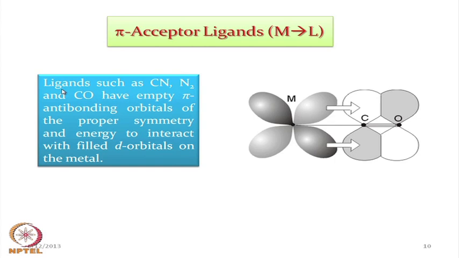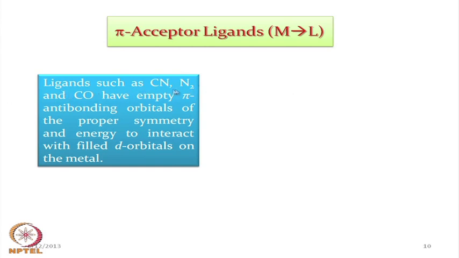Not only this particular one, but cyanide, CN minus obviously, then N2 and CO, they all have empty pi antibonding orbitals and matching symmetry for interactions with the metal d orbitals, and they can serve as very good pi acceptor ligands, and we will see how they can modify the corresponding splitting energy for the ligand field. Thank you very much.